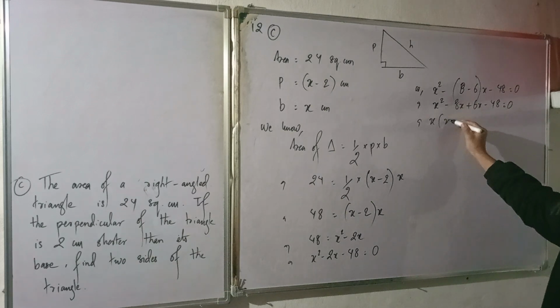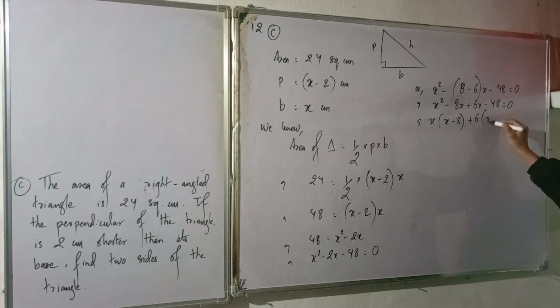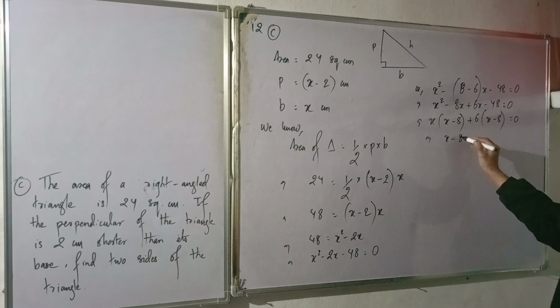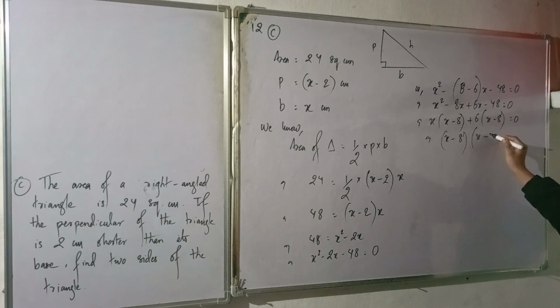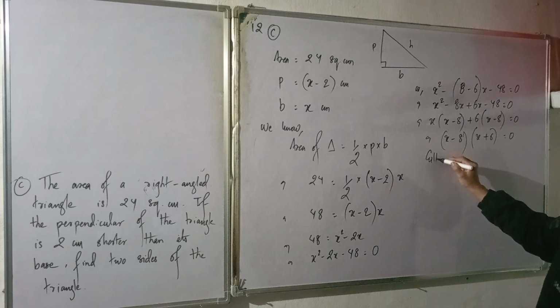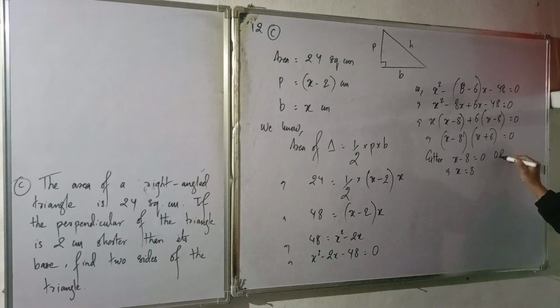Here x minus 8 times x plus 6, taking x common: x times x minus 8 plus 6 times x minus 8 equals 0. Again take x minus 8 common: x minus 8 times x plus 6 equals 0. Either x minus 8 equals 0, so x equals 8, or x plus 6 equals 0, so x equals minus 6.